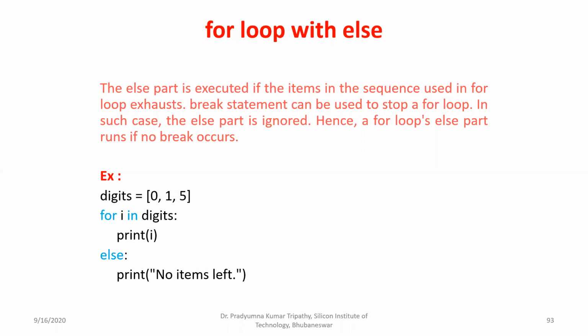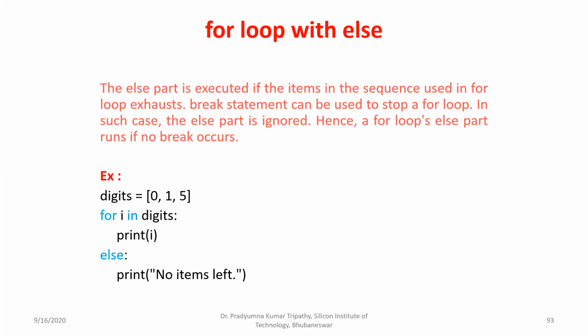But do remember that if I have a break statement inside the for, then this break will not make the else statement execute. It will take the control out of the loop. Because this else is for the for, the break statement will take the control out of the for, ignoring the else part.